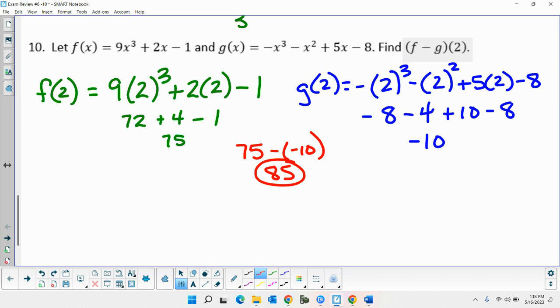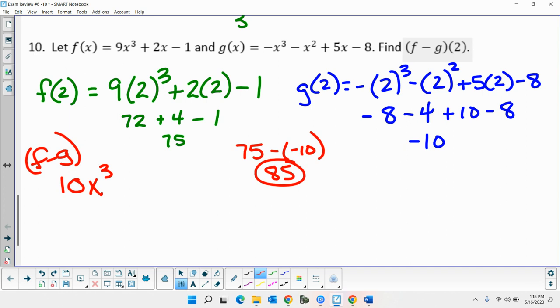All right, listen. The other thing you could do, Hannah was trying this, was subtracting these 2 first. What's 9x cubed minus a negative 1x cubed? Minus a negative is plus, so what's 9 plus 1? 10x cubed. So you could do the f minus g first.